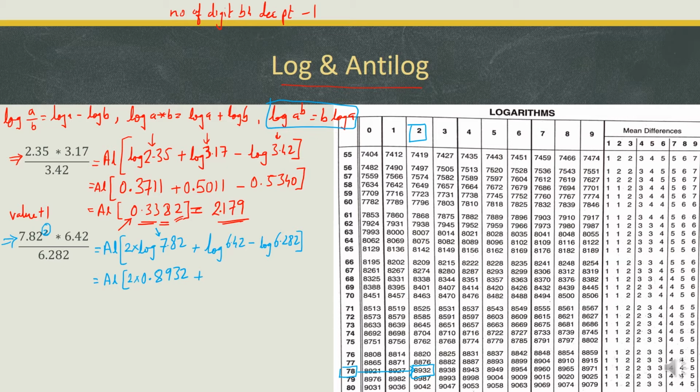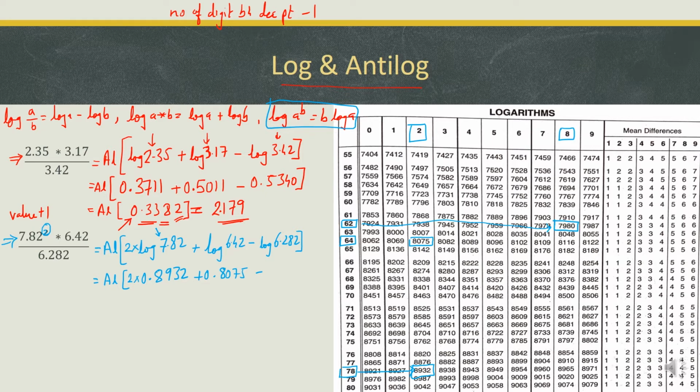And then we got next number as 6.42. So we will look for 64 ka 2, which is 8075. Got 8075, again with 0 with the same logic. Minus, over here we'll look for 62, then 8. 62 ka 8 will bring us over here in 7980. Last digit is 2.